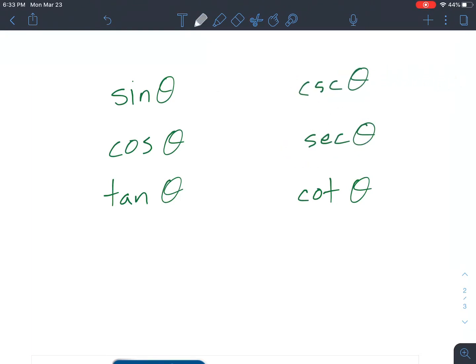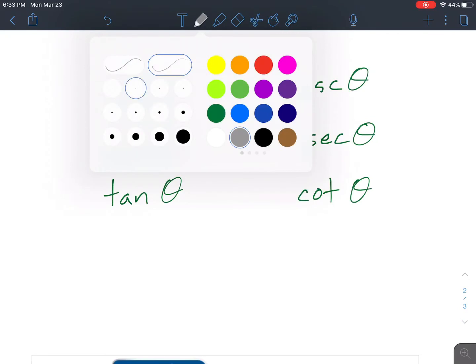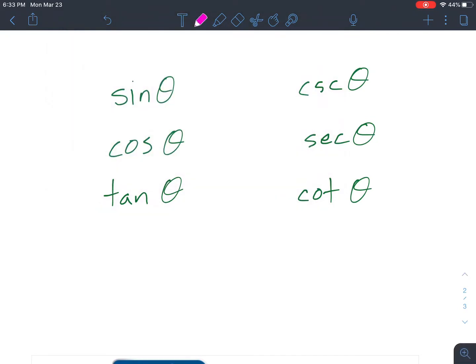I want you to think of the beginning for each of these pairings. Sine and cosecant, then cosine and secant, then tangent and cotangent. Specifically, I'm going to write it in pink here.